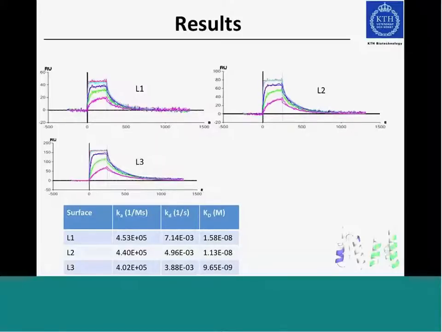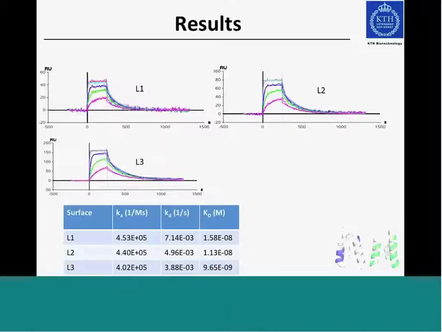So at the bottom you can see the data you got from this particular example, and those results between surfaces overlap quite well. In this example, we see some artifacts, where the KD is actually dropping with each surface. So that could be an artifact in this case.